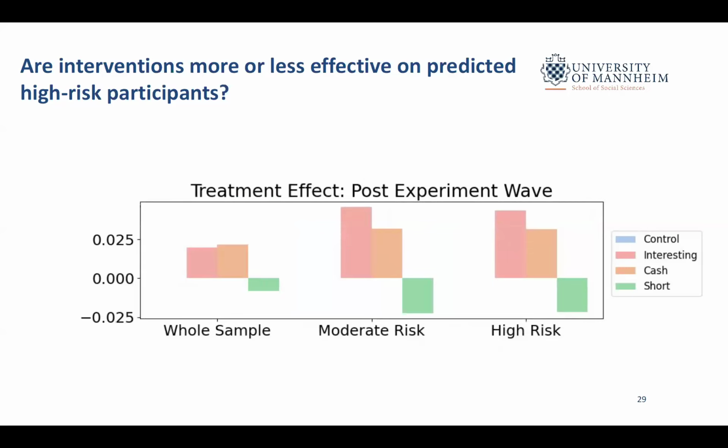They are not just overall effective at reducing non-response risks, but they also do this for those predicted as being at moderate risk and high risk of non-response, which is an important takeaway, because this is clearly needed for making successful interventions based on our predictions. And this leads us to the very last part, where we try to combine all of this. This is what Jack will be talking about.